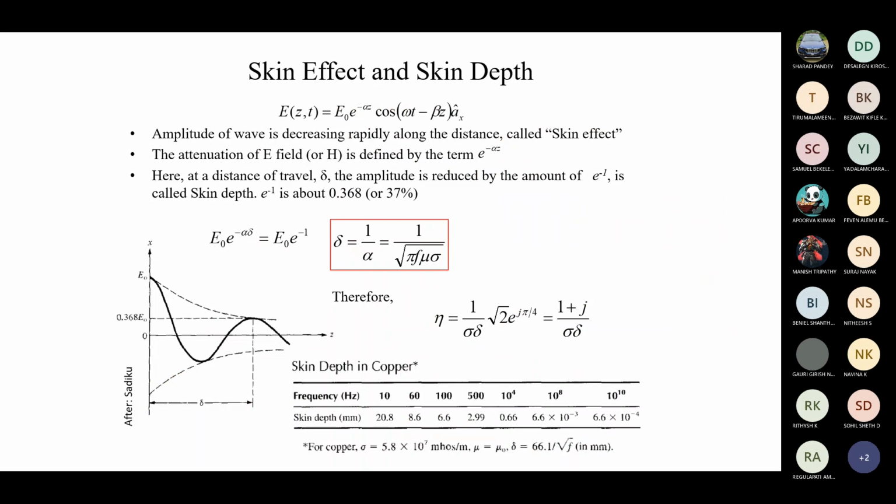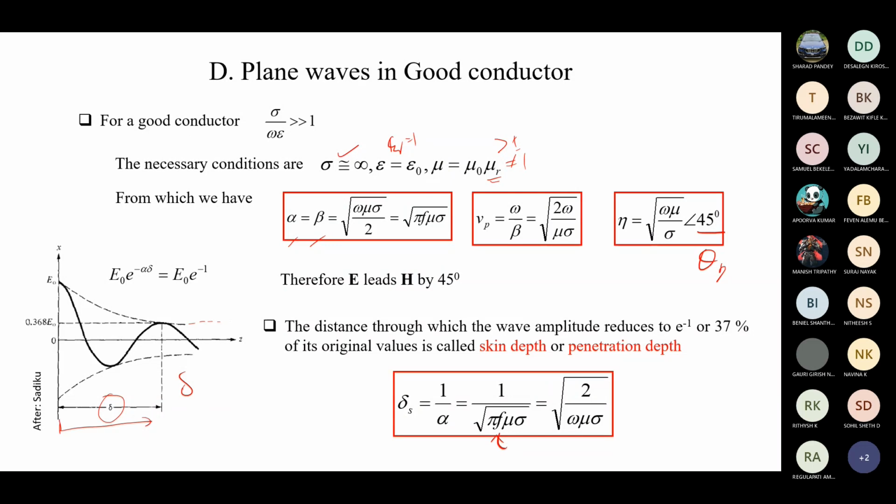And we already studied that, for instance, why metal stops high frequencies. This is one of the very important reasons. Dielectric materials won't stop it because their conductivity is very, very low. Since the conductivity is very low, the skin depth will be very big for them, sometimes in terms of meters.